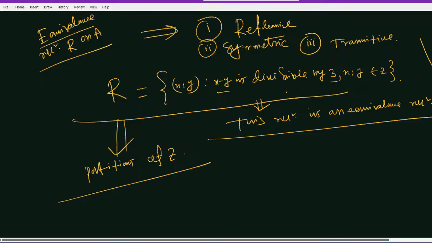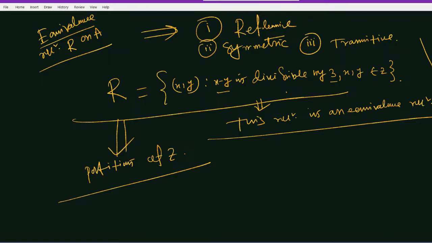So these three we have seen as mutually exclusive and exhaustive events. Here, I am going to state in terms of elements of this set.